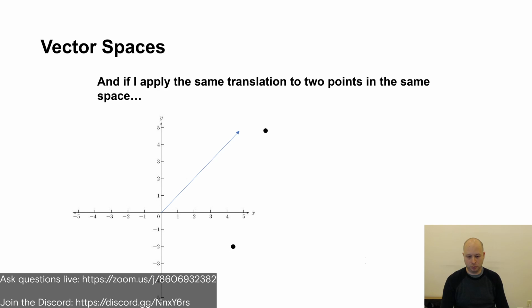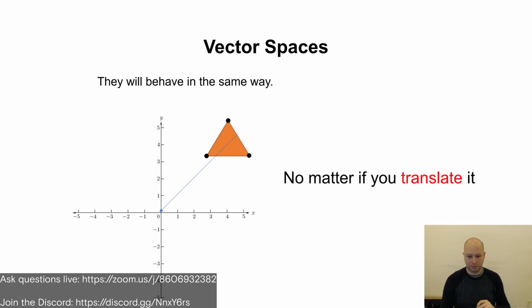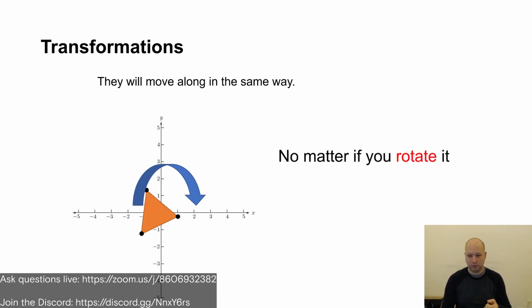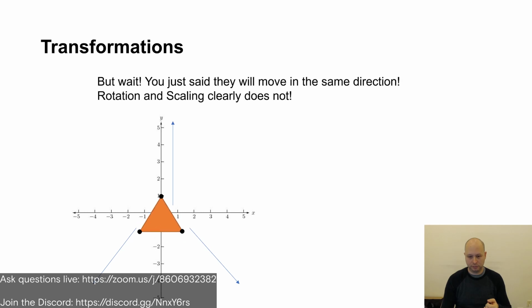So if I take 2 points and I apply the same translation to 2 points in the same space, they will behave in the same way, no matter what. If you translate it, if you rotate it, if you scale it, they're going to move in the same way, right?